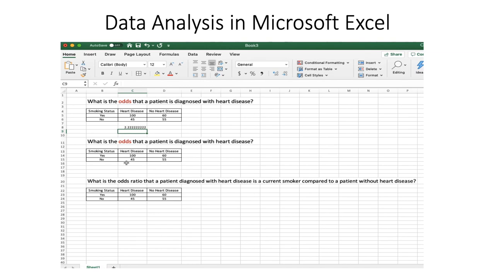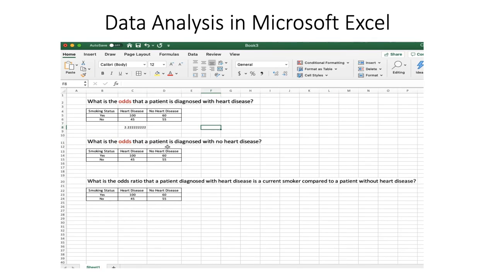Then the next question is, what is the odds that a patient is diagnosed with no heart disease?